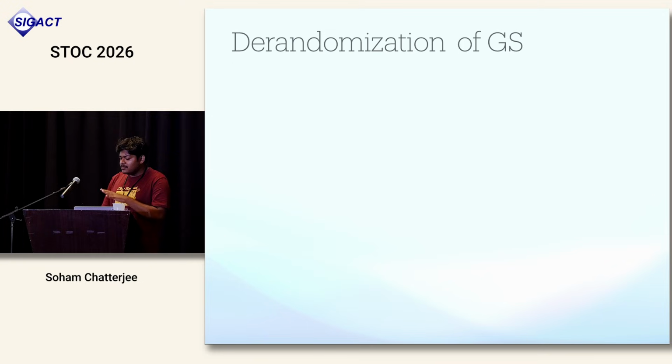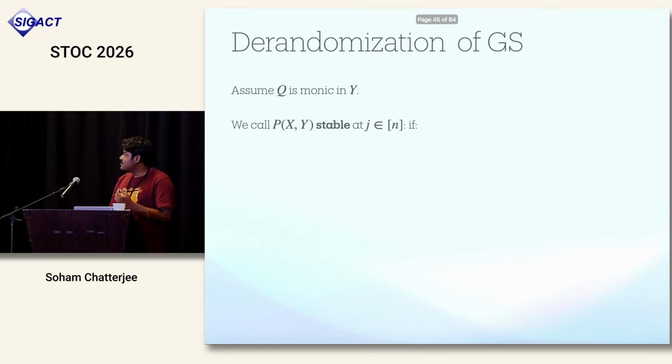I will just give an overall idea. For this case, let's assume Q is monic in Y, and we define something called stable polynomials with respect to the coordinates of the received word.